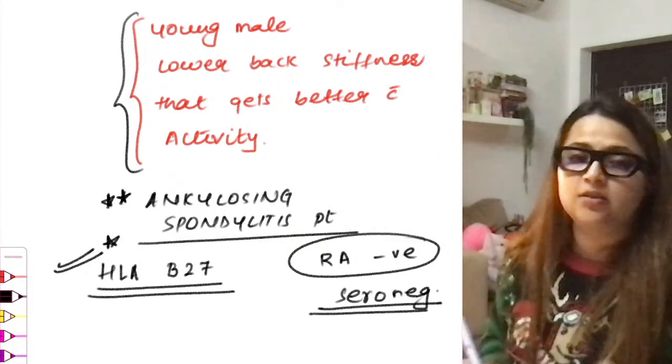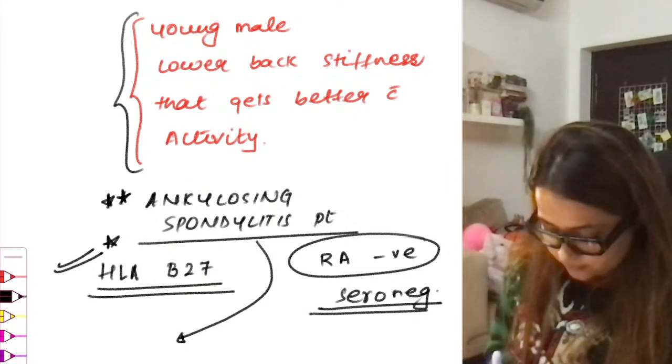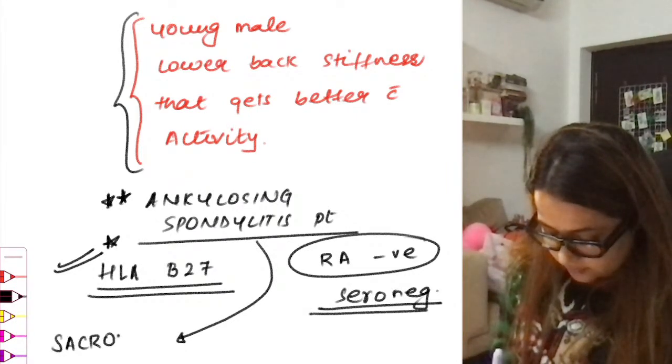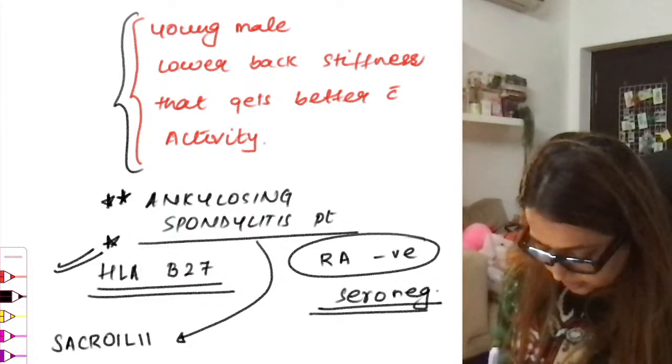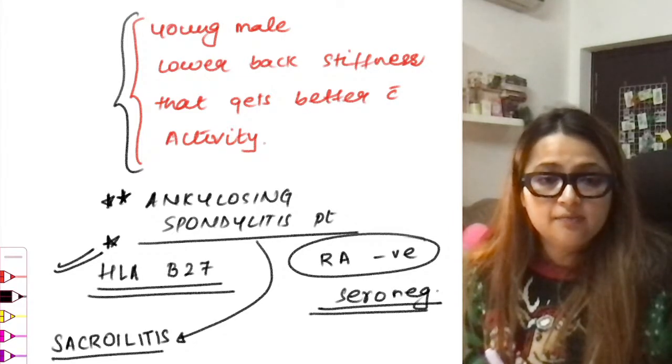But what is positive here? HLA B27 association. Then a very high yield point regarding ankylosing spondylitis: sacroiliitis. Yes, Madhavan, you gave the right answer. This is very, very important.